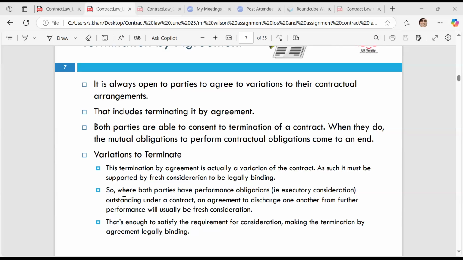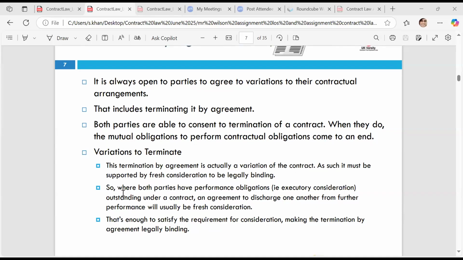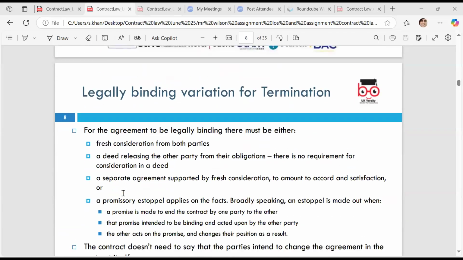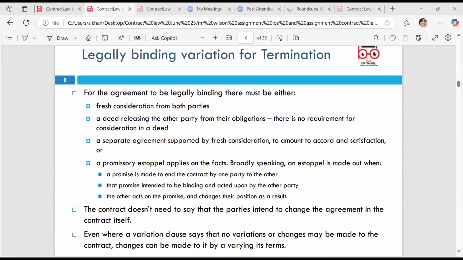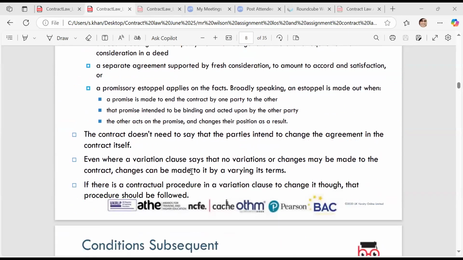This is where both parties consent to it. For the agreement to be legally binding, there must be fresh consideration from both parties, a deed releasing the other party from their obligations, or a separate agreement supported by fresh consideration, or promissory estoppel applies.